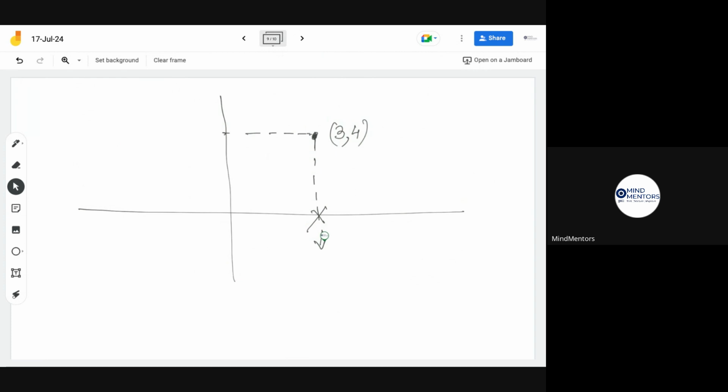Let's say this is point number A, and this is point number B. What is the coordinate of point number A and point number B? What's the coordinate of point A, Aaron?